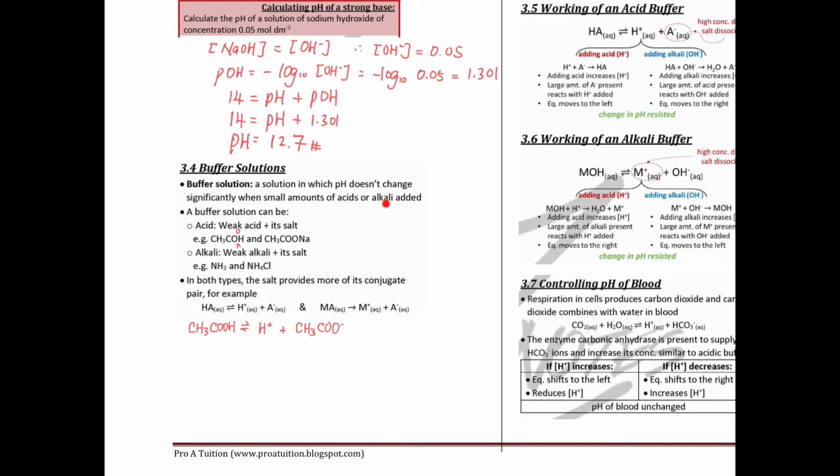For example, this is your customer. Who is going to entertain this customer? Of course, the acid is going to handle it. We have plenty of acid here. Only 5% dissociates, so 95% of the ethanoic acid is here. We have plenty of acid, which can neutralize the alkaline added, so that the pH doesn't change.